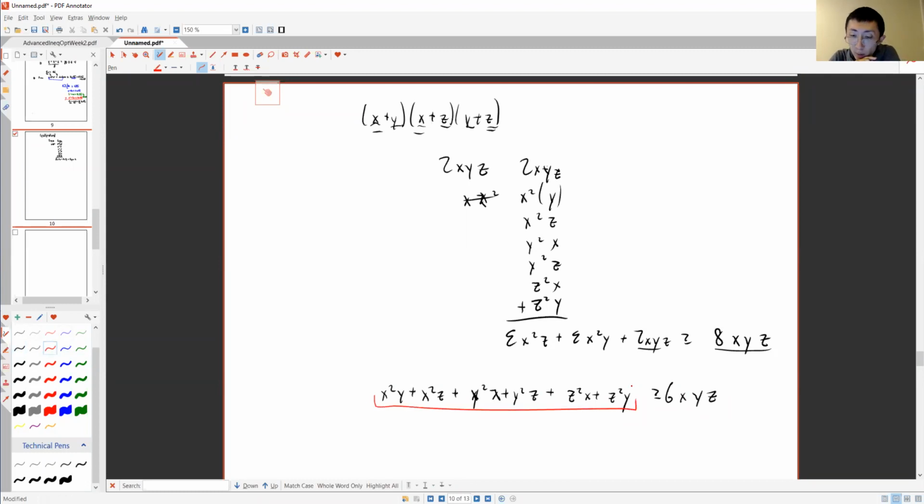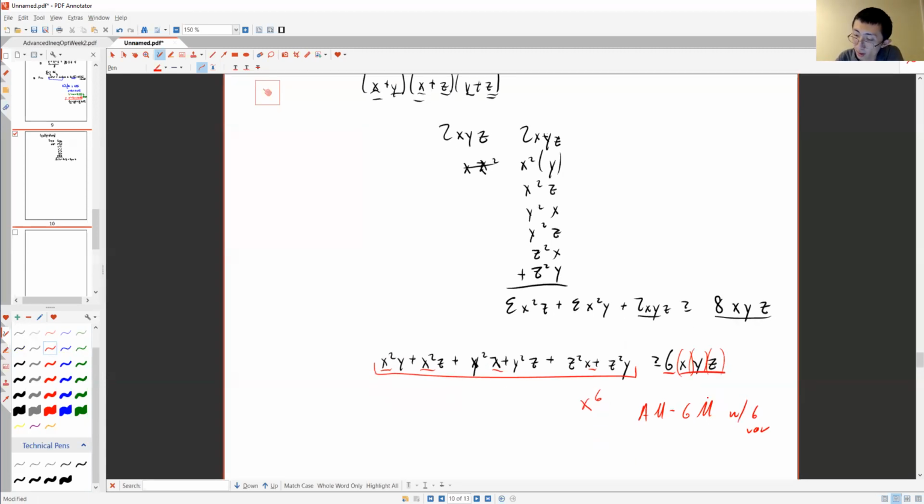If we apply AM-GM to the left-hand side, it's 6 times their geometric mean. Let's check how many x's there are: 2 x's, 2 x's, 1 x, 1 x. So there's an x to the 6th, and when we take the 6th root, we'll get an x. Same for the y terms, same for the z terms. So just apply AM-GM with 6 variables. Sometimes this will work. You can just expand out a bunch of algebra and then directly use AM-GM, and it'll work. Relatively weak inequalities can fall to things like that.